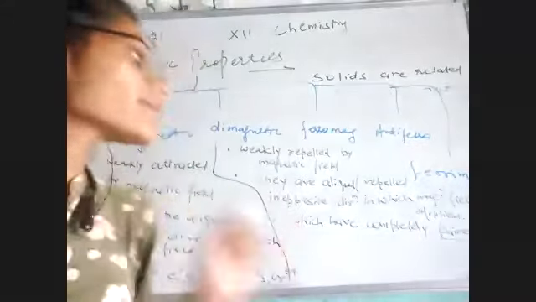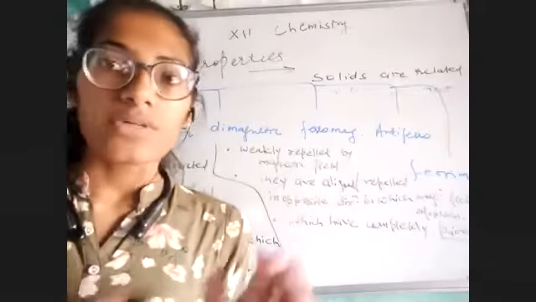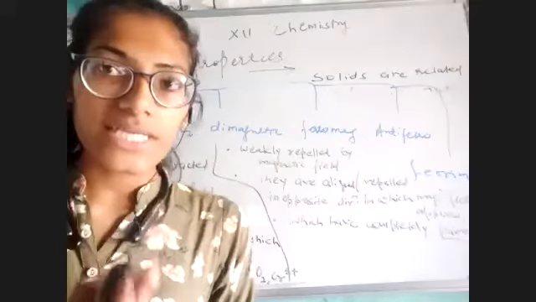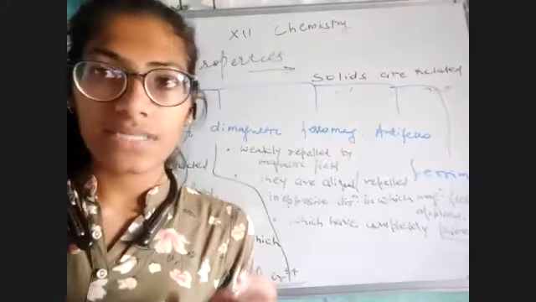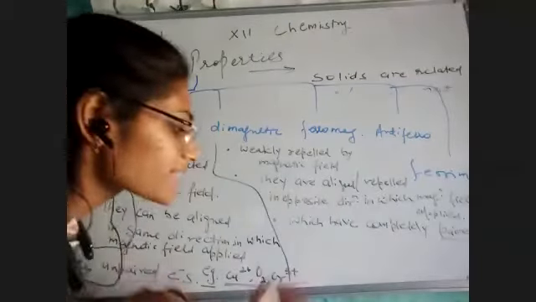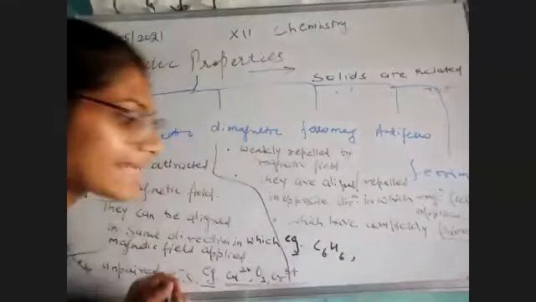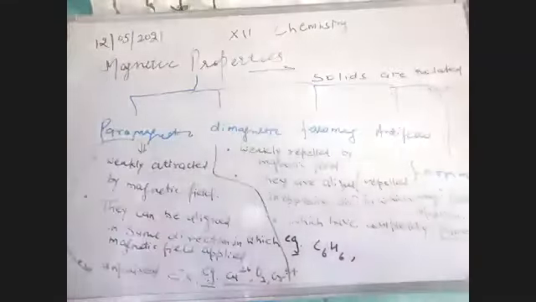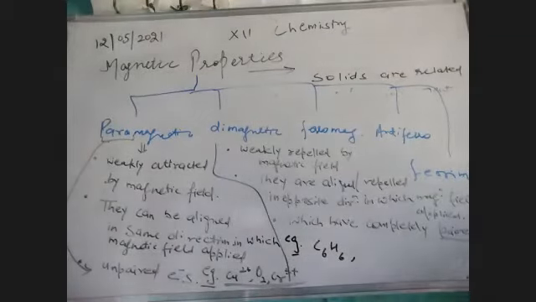That's why diamagnetic substances show only a very small magnetic field. You know what I'm saying: if the electrons are paired, the magnetic nature is cancelled out, and they show a very small magnetic field. Now, examples of these are benzene, C6H6. Let me give you one or two more examples also: water and sodium chloride.